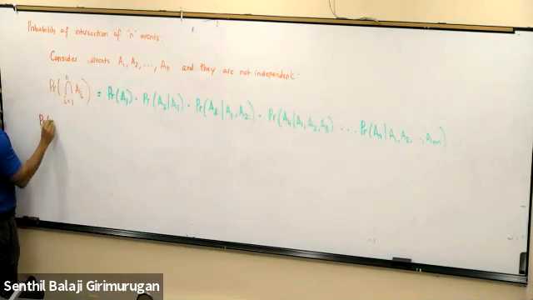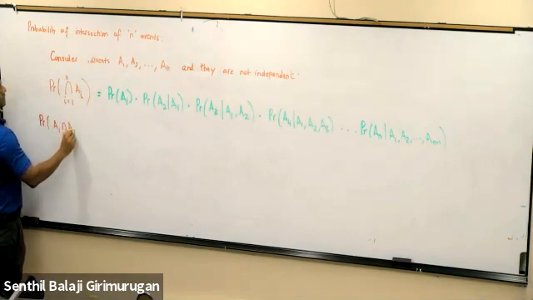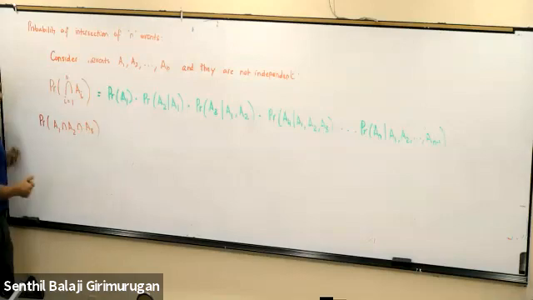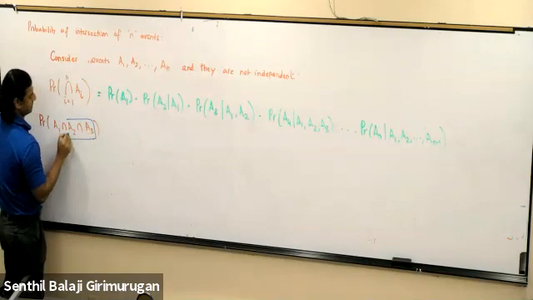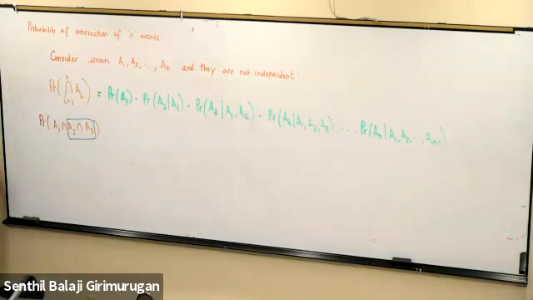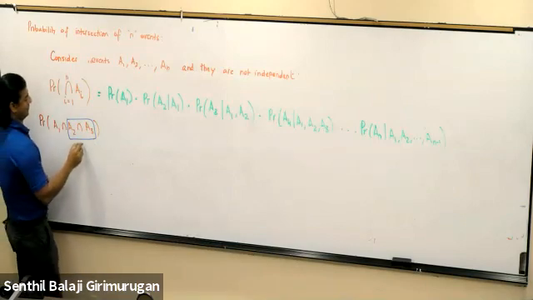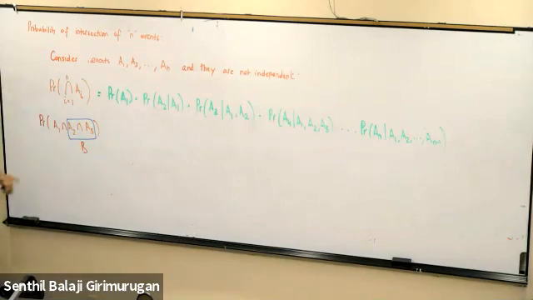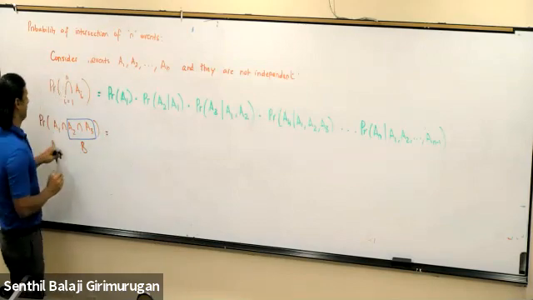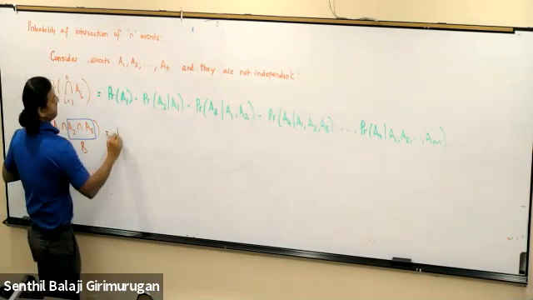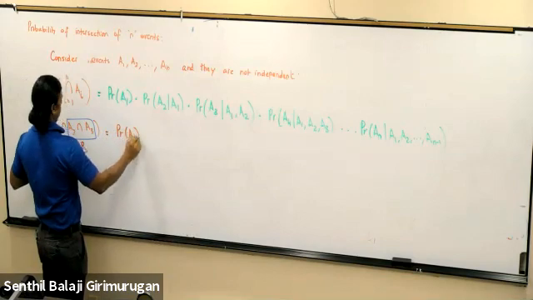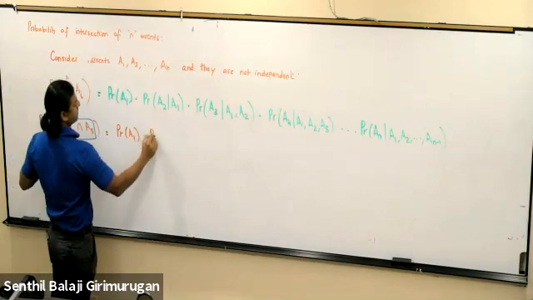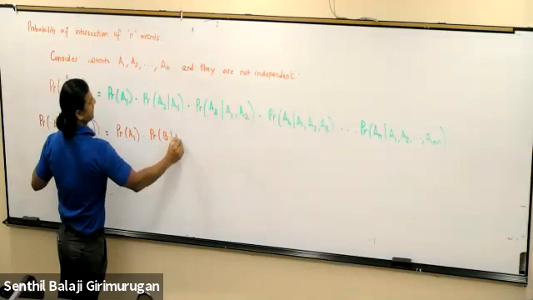So probability of A1 intersect A2 intersect A3. Let me call that B. So I can write this as probability of A1 multiplied by the probability of B given A1.